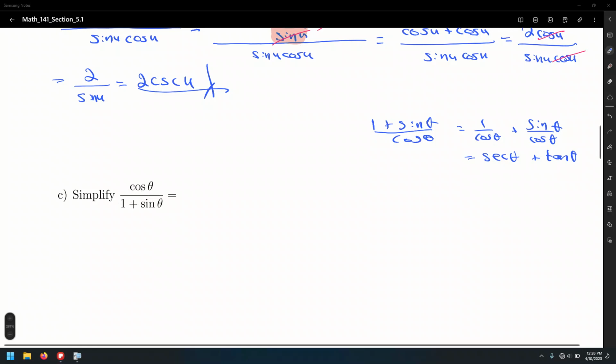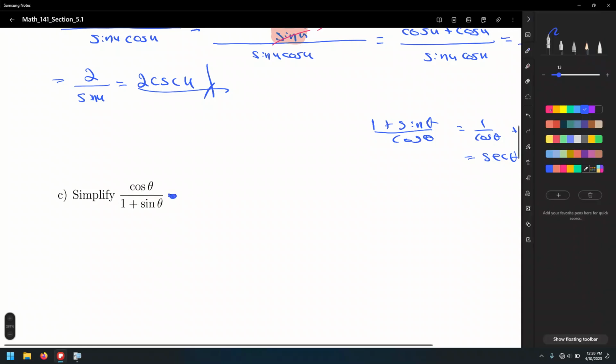The conjugate will be exactly the same quantity, so I'm going to multiply by 1 plus sine over 1 plus sine. However, the conjugate will have the sign in the middle be the opposite. Okay? And I'm going to put parentheses around this at the same time. You'll see why I'm doing that.